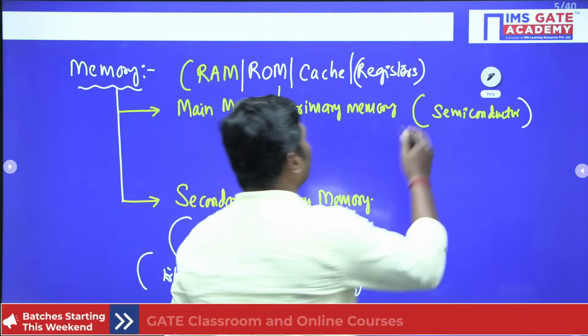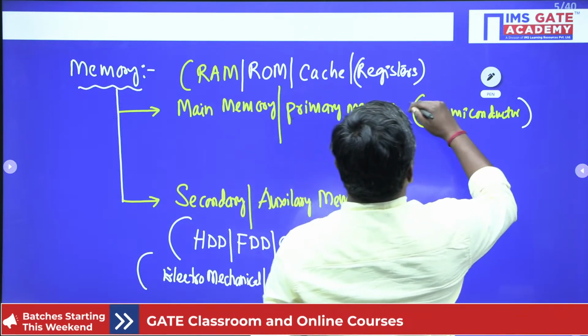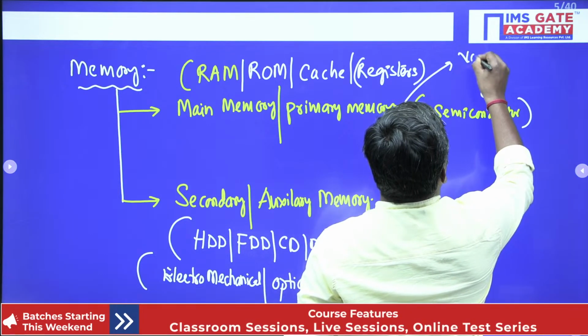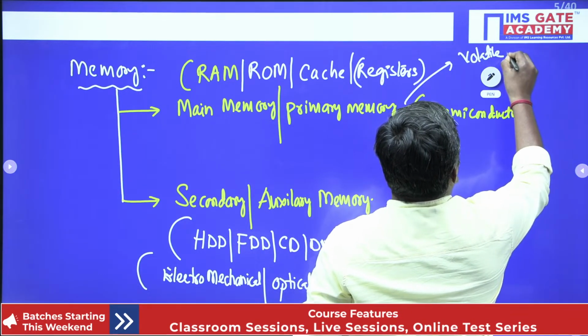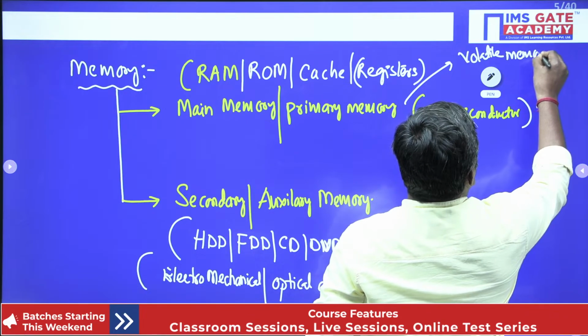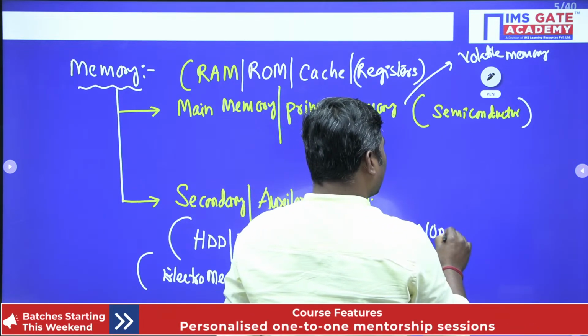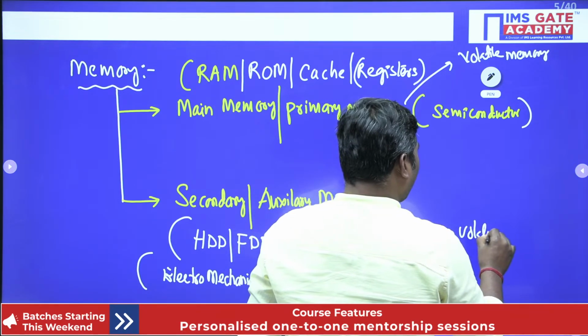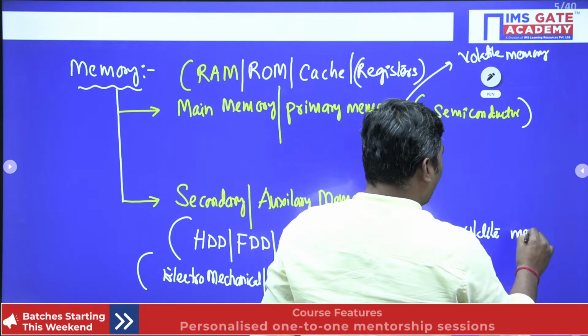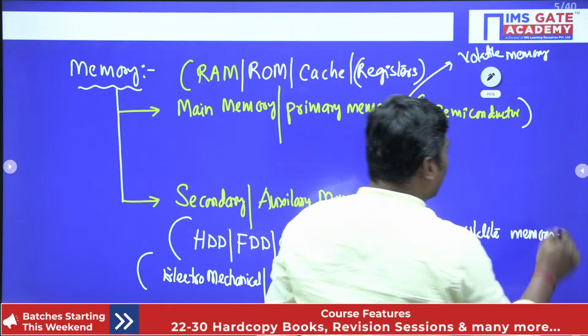These memories are volatile memory. Can somebody tell me the meaning of volatile memory? There are volatile and non-volatile memories. The first category is volatile memory.